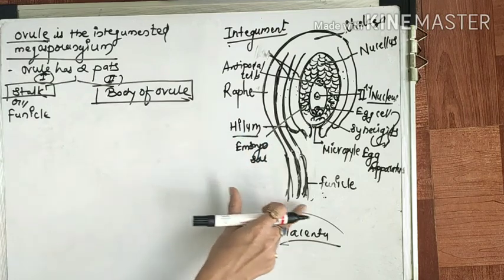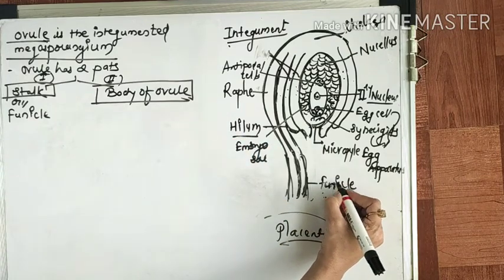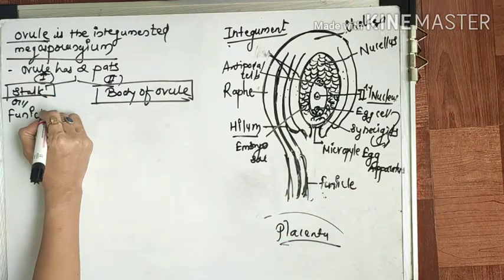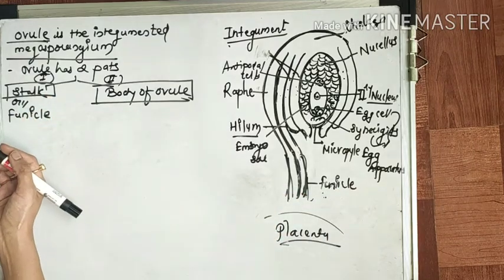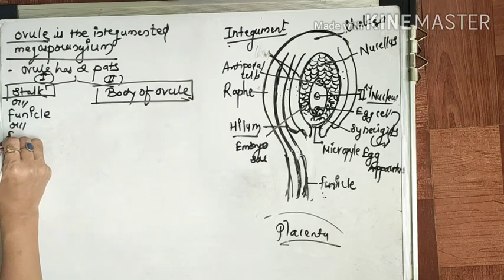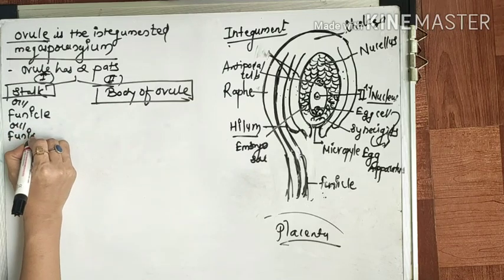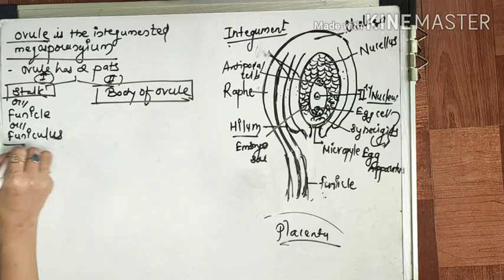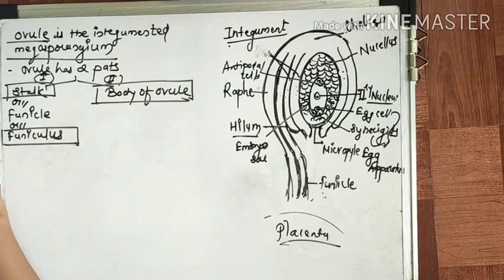That stalk is known as funicle, or also known as stalk, or another name is funiculus. So these are the three names of one structure. It is called the stalk, or it is also known as funicle or funiculus.